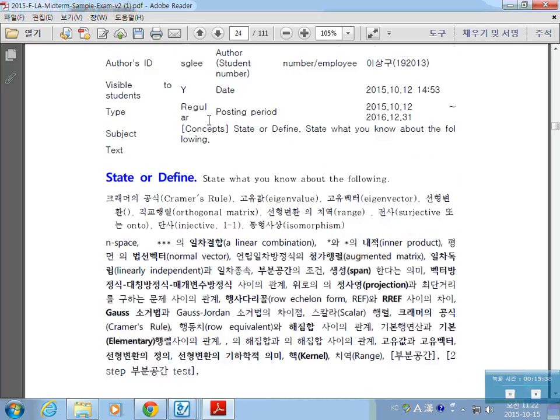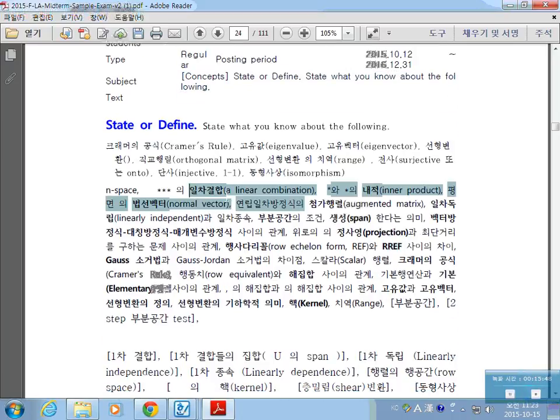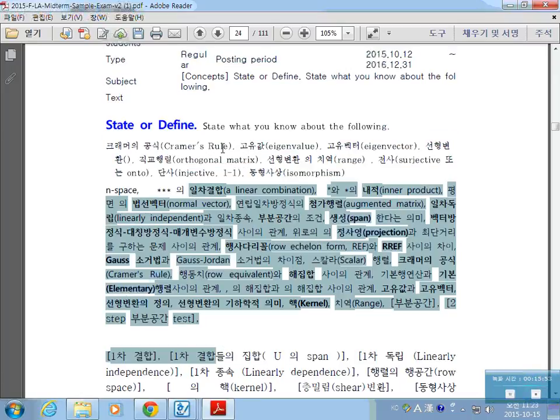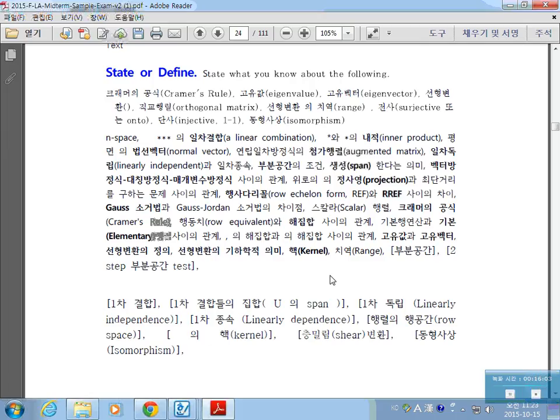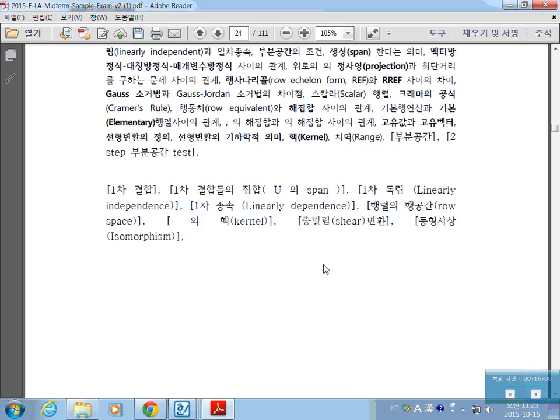And I mentioned that some questions will be given in the midterm examination on the definitions, concepts and applications of the materials that you have covered so far. So I will give you questions like this: state or define, after I give some terminologies in English. Actually, the midterm examination will be written in English 100%. So do not expect Korean words in the exam.